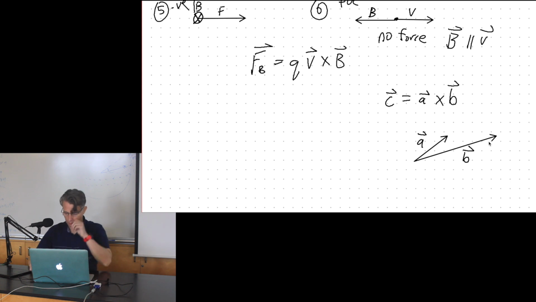What we do with a cross product is, these are vectors we imagine are pointing in 3 dimensions. So this is supposed to be 3 dimensions.